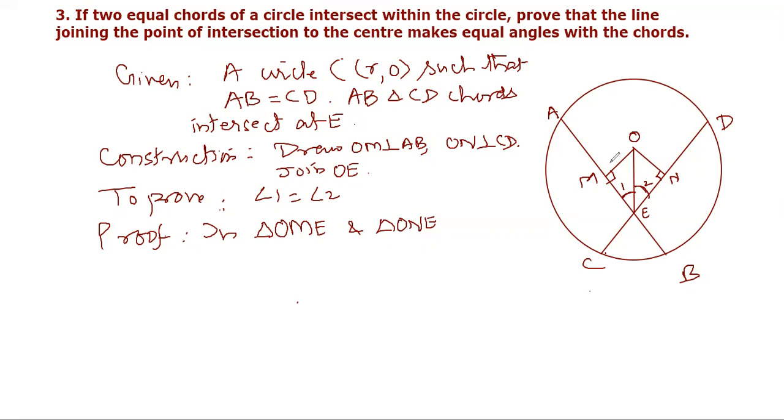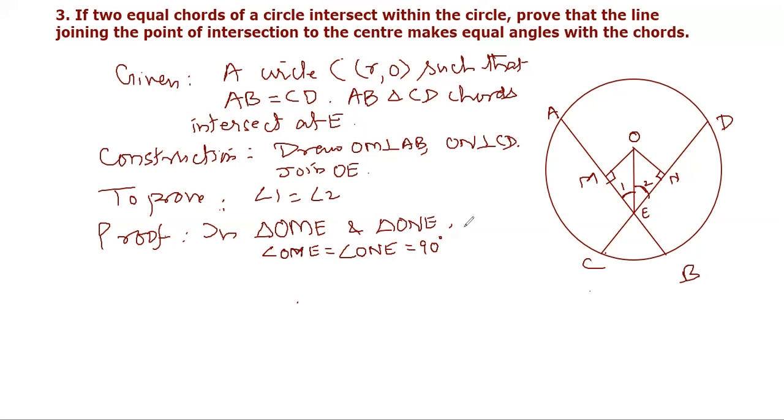ON is drawn perpendicular. We are taking triangle OME and triangle ONE, and using the RHS rule. So angle OME is equal to angle ONE, each 90 degrees. So 90 degrees means right triangle.